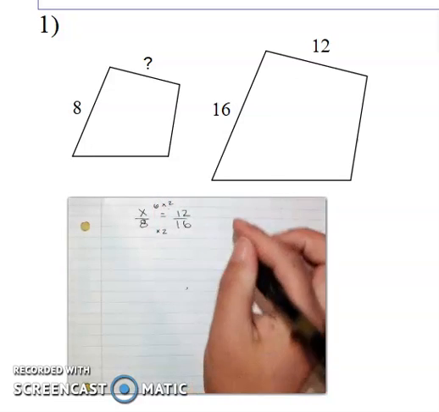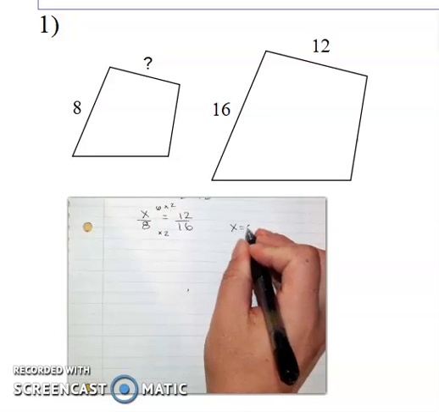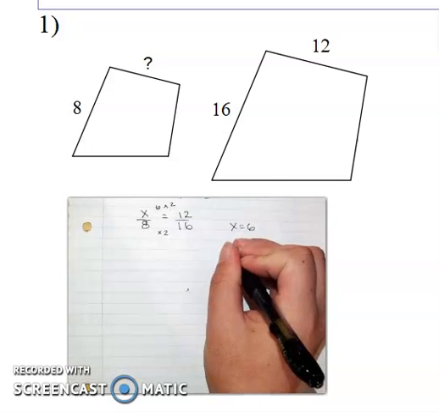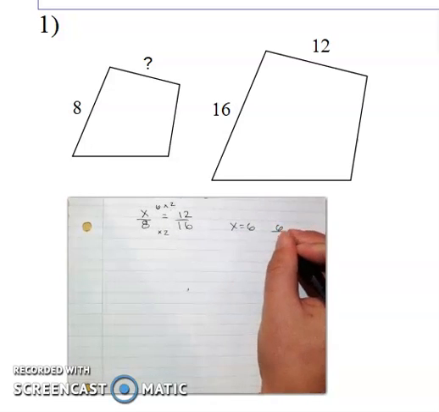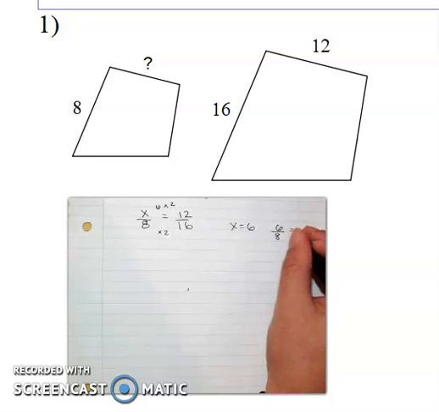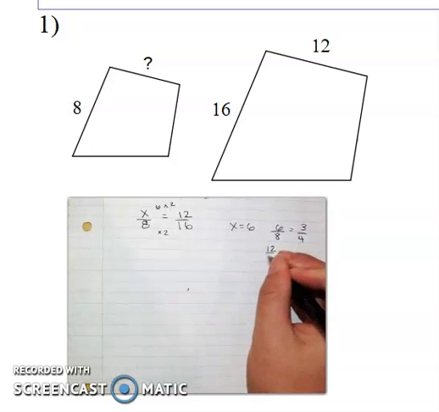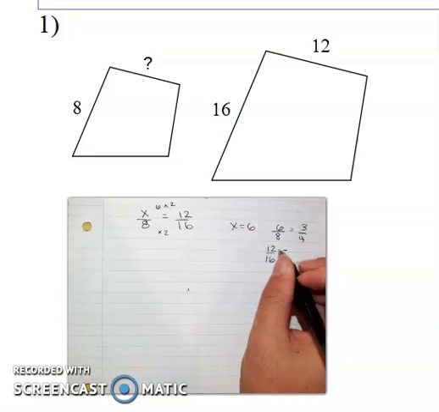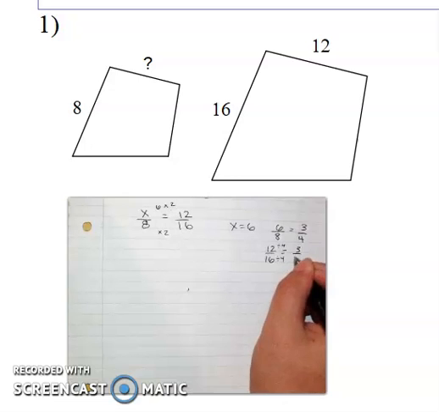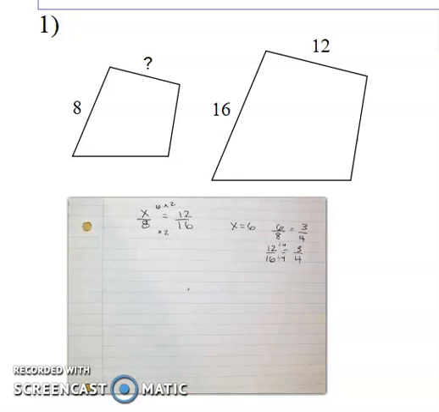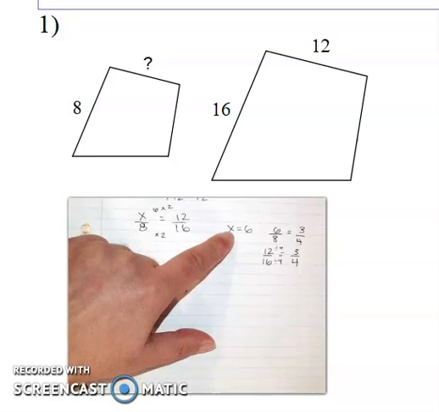And so I can say x equals 6, and when I do the proportion, I'll say 6 over 8, which is the same as 3 over 4, and 12 over 16, divide both of these by 4, and that's also 3 over 4. So the missing side length is 6.